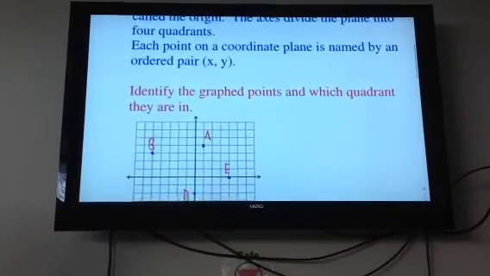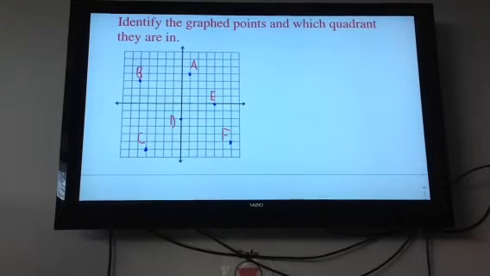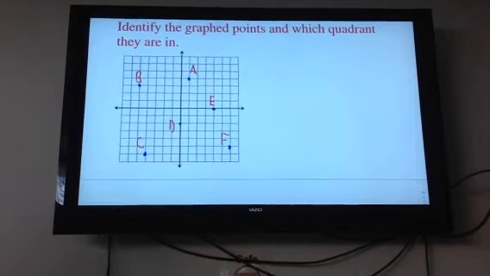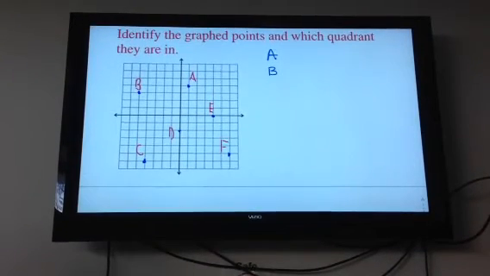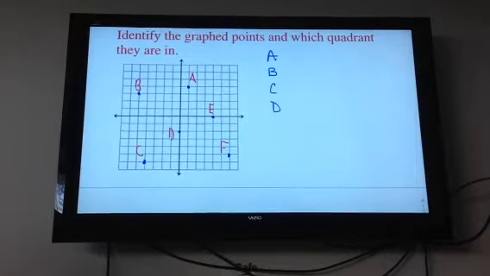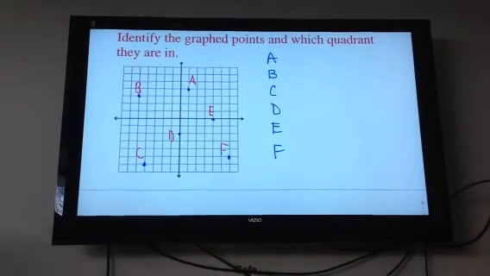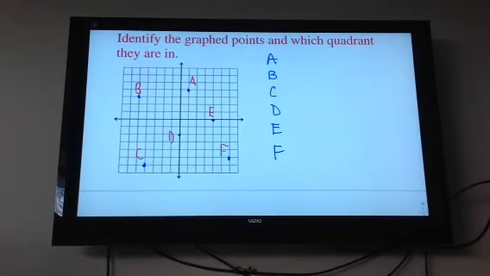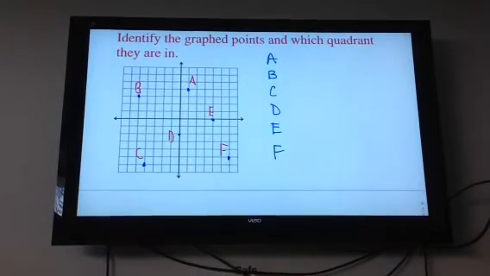So take a second. I know you know how to do this. This is why we're going to zip through this very quickly. Take a second and list the ordered pairs for those for me. For A, B, C, D, E, and F, okay? So take, like 1 minute, seriously, that's it. And list the ordered pairs that you think those are. And I'll start mine in a second, then you can follow to make sure you're correct. So listing those ordered pairs.